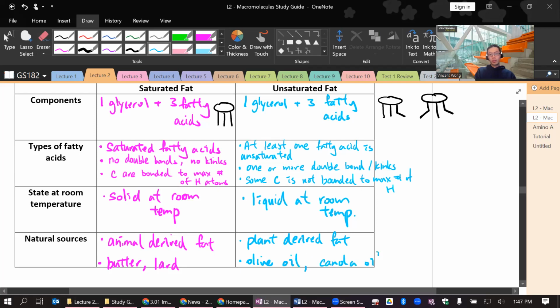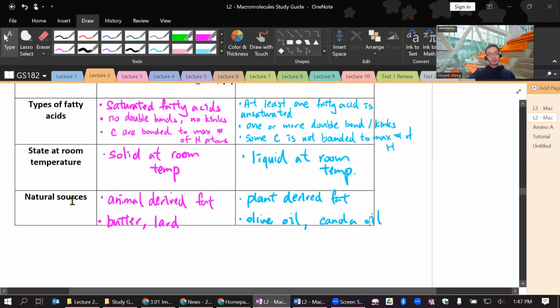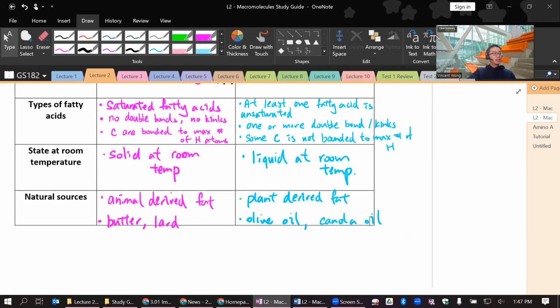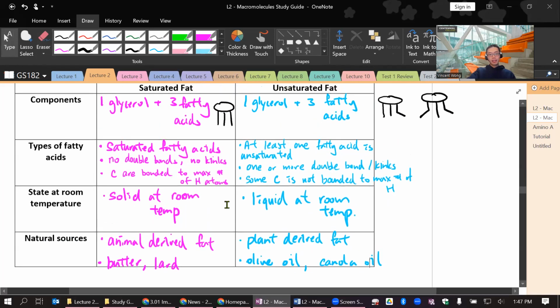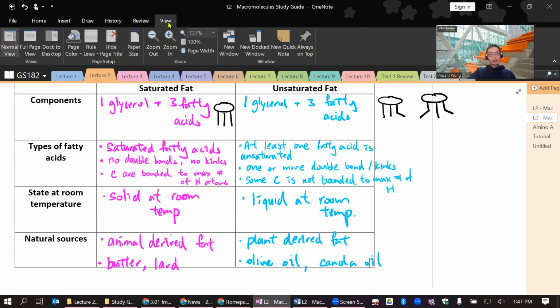Peanut oil, canola oil, avocado oil, grapeseed oil, basically all those liquidy oils that you use for cooking, those are plant derived. Seeds. Yeah, seeds, right? It's seed oil. Grapeseed oil. Very good. Okay, that is it for the lipids.